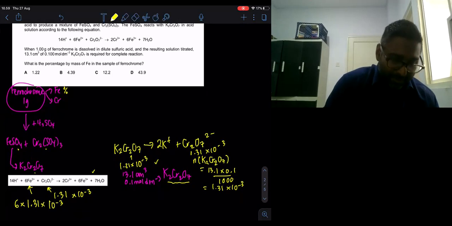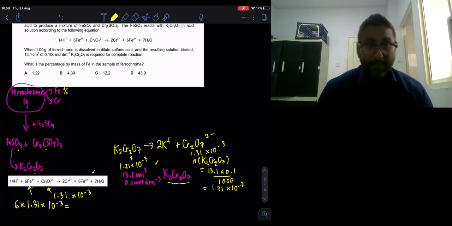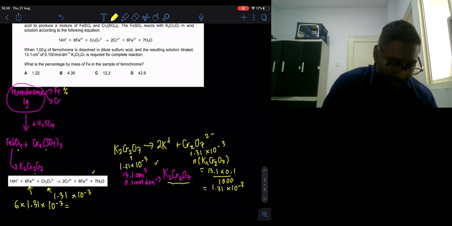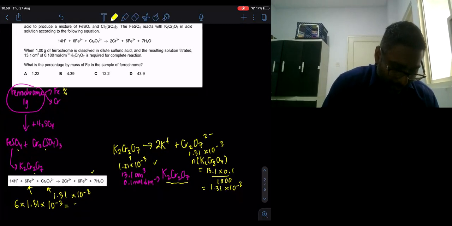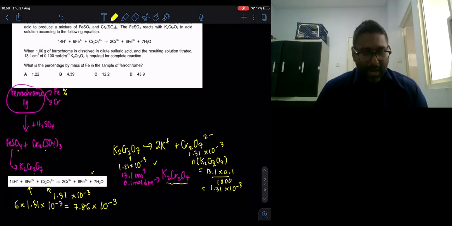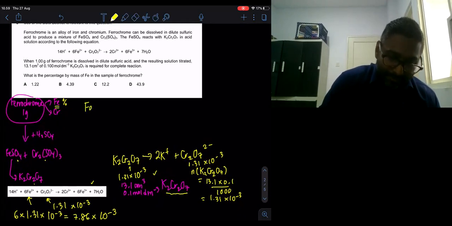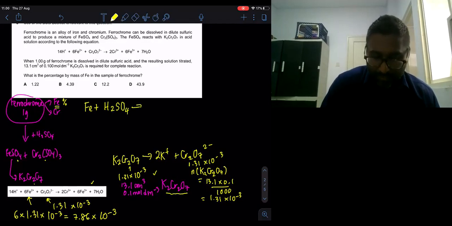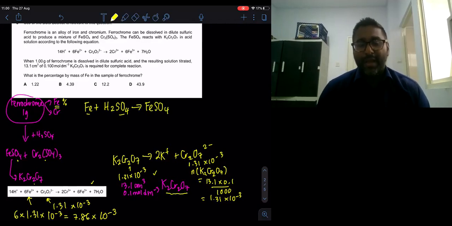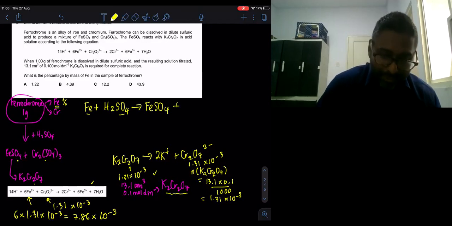Can someone help me to calculate this? 7.86 times 10 to the power of negative 3. Now, I know that Fe, when you dissolve it with H2SO4, is supposed to give you FeSO4. A metal with acid will give you the salt and hydrogen gas.